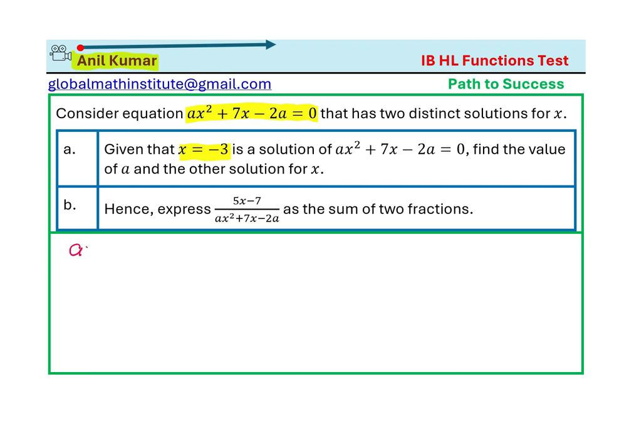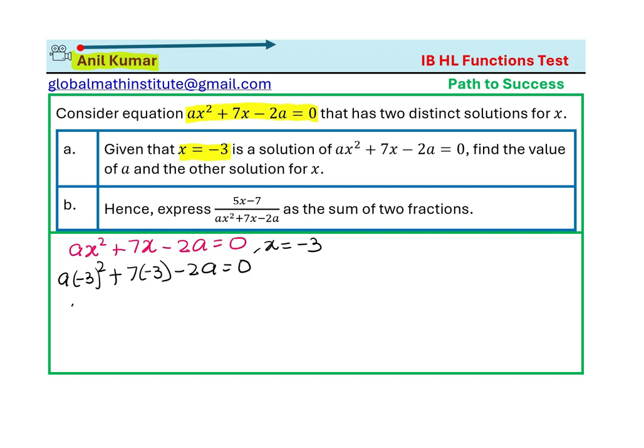So we have ax squared plus 7x minus 2a equals to 0. This equation is satisfied when we put x equals to minus 3. So let's do it. So a times minus 3 squared plus 7 times minus 3 minus 2a equals to 0. Now you can see only a is there, one unknown, which we can find.